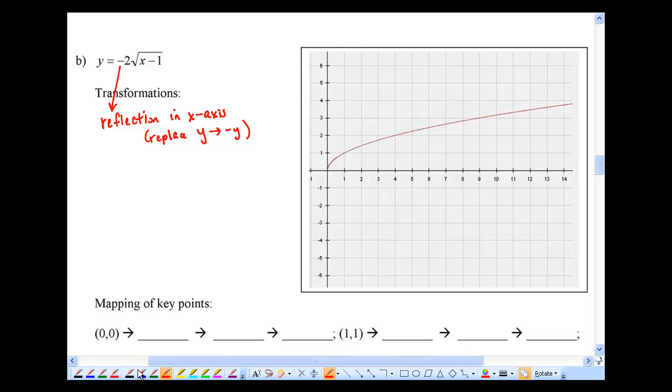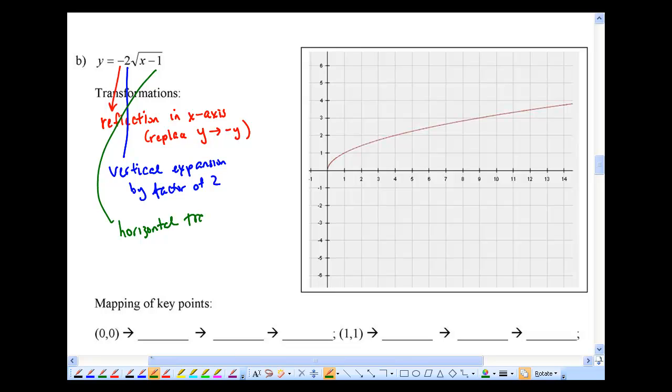I see the 2, which is a vertical expansion by a factor of 2. And the x minus 1. How about some sort of horizontal translation? And that'd be 1 to the right.